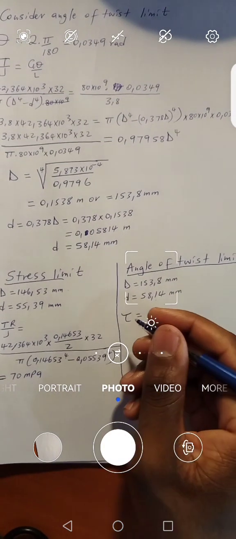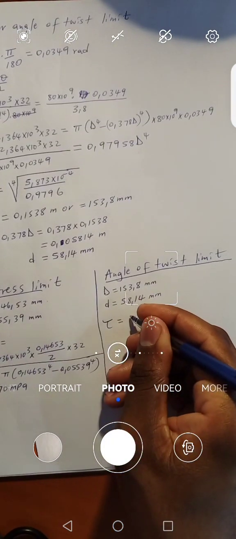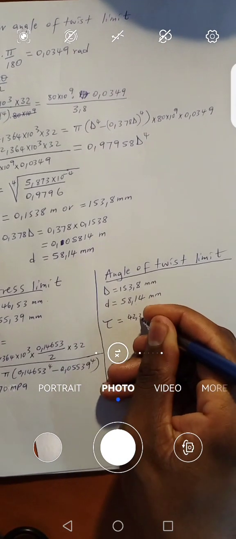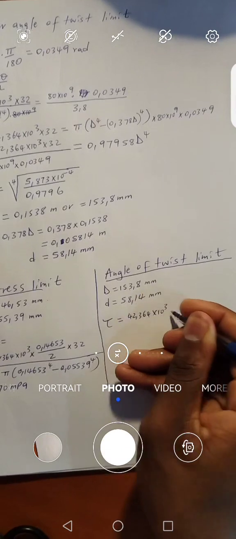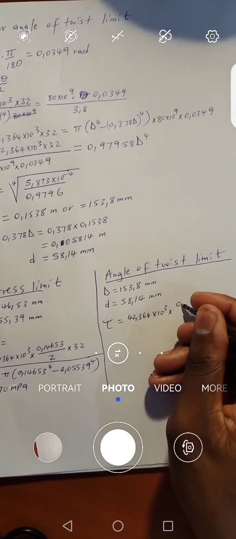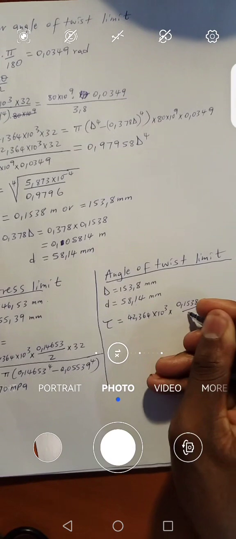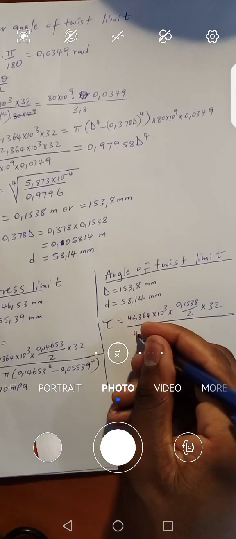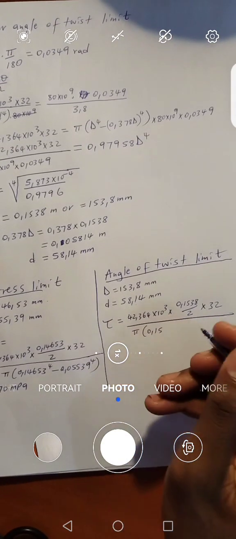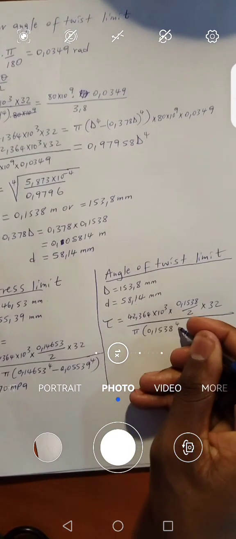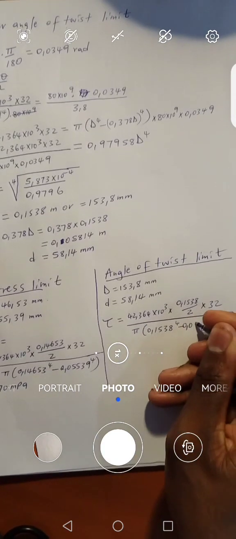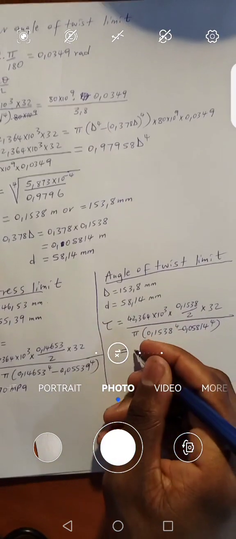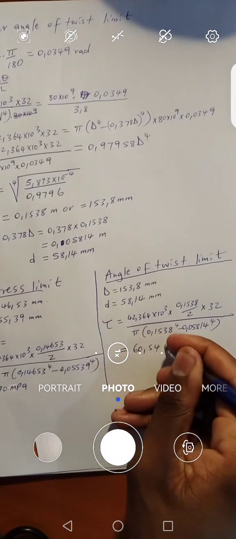Now here you will have 42.364 times 10 to the power 3 multiplied by R, 0.1538 divided by 2 multiplied by 32 over pi, 0.1538 to the power 4 minus 0.05814 to the power 4. You will get 60.54 MPa.